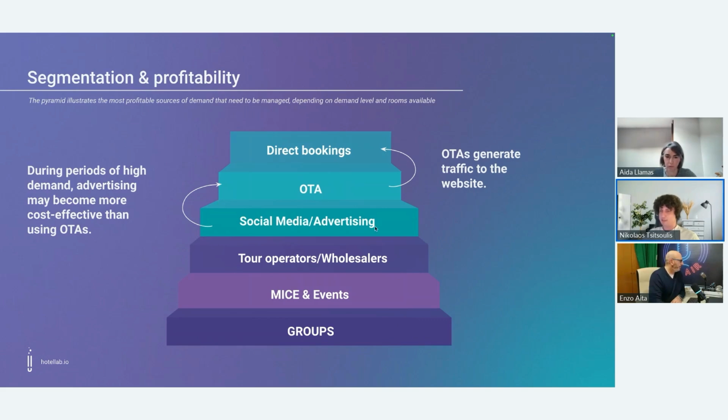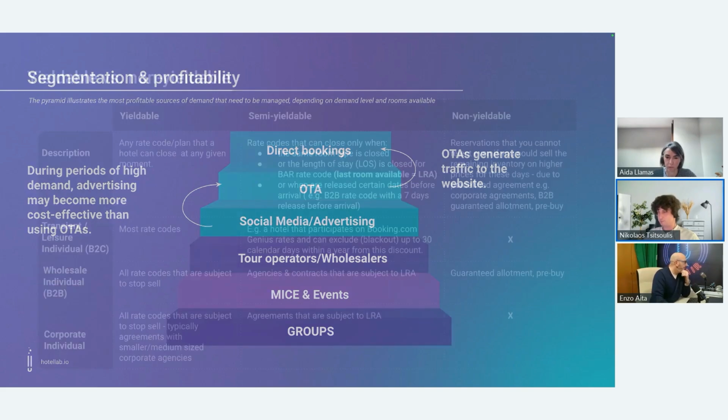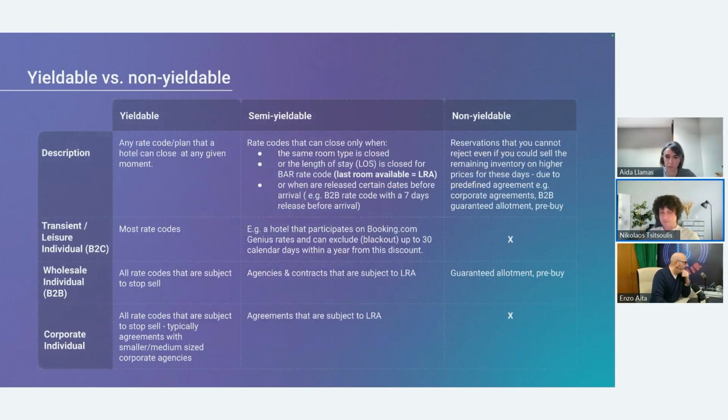different types of segments and rates that are linked to these particular segments, depending on our goals, strategies, but also expected forecast. Here, very importantly, and especially for resorts, and since we spoke about Jaz, we need to differentiate what is yieldable rate codes and what is non-yieldable. So yieldable rate codes would be rate codes that are subject to stop sale at any given point, so we can close them at any time.